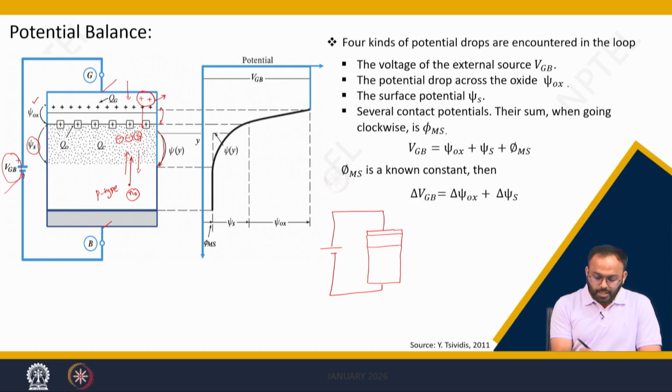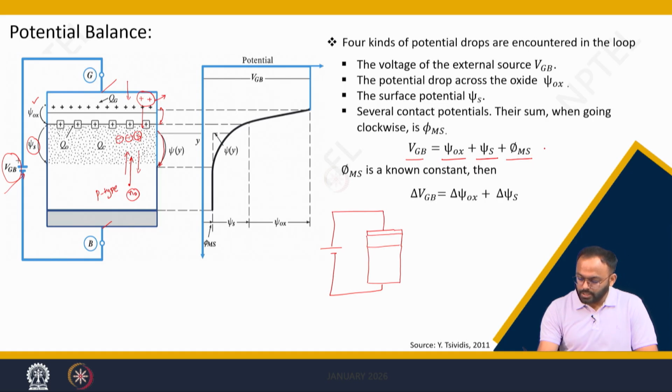If you apply a potential balance, then VGB should be equal to the voltage drop across the oxide, the voltage drop across the semiconductor, and the total voltage in between the contacts, the gate and the body. So, this is our potential balance equation.